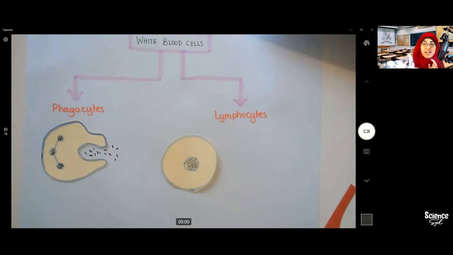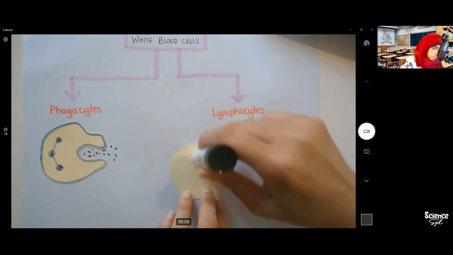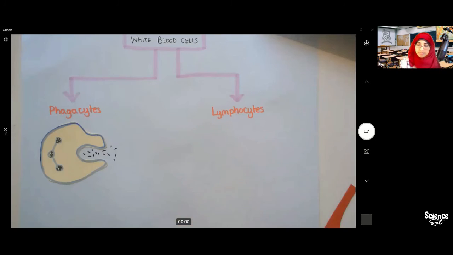Because when our antibodies fight these foreign microorganisms, they will stick to those spikes, and they will stop it from attacking our body. So let's have a look at what this looks like. So I'm going to first of all stick this down.